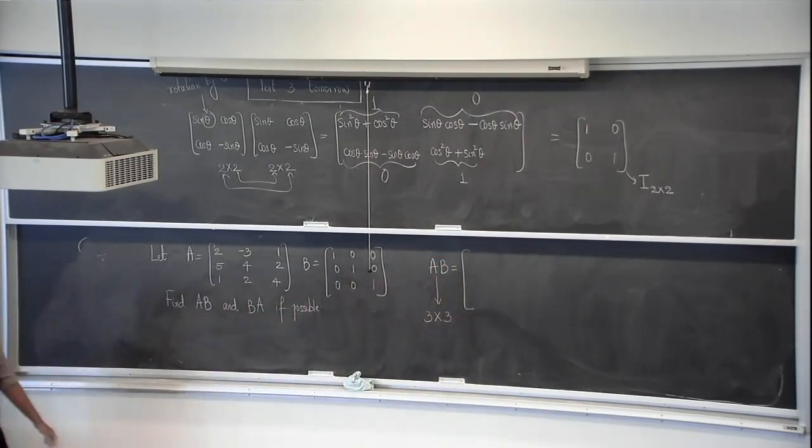All right, so we are multiplying two 3 by 3 matrices. So the answer would be a 3 by 3.